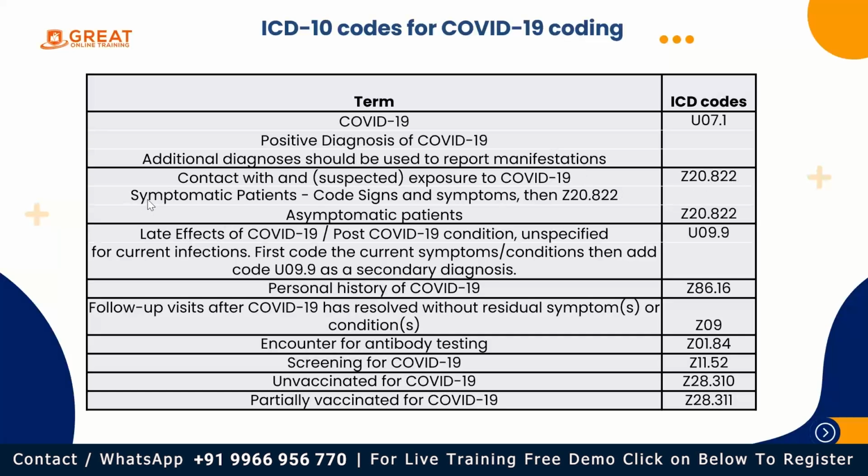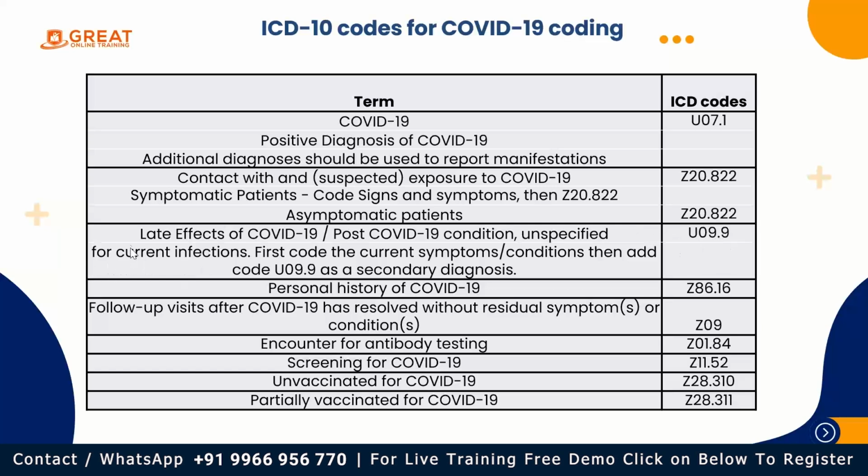If the patient is symptomatic, code signs and symptoms, and then use Z20.828. And for an asymptomatic patient, we have to directly use Z20.8. For late effect of COVID-19 or post-COVID-19 condition unspecified, we have U09.9.